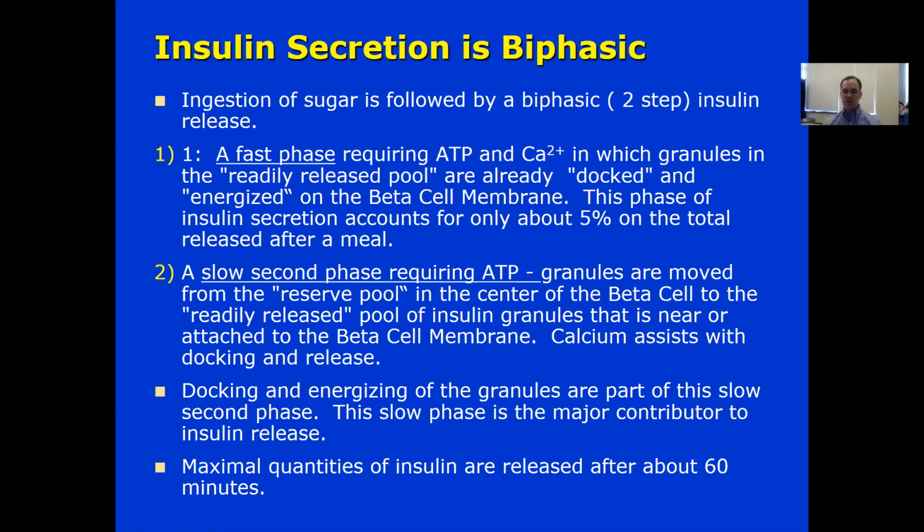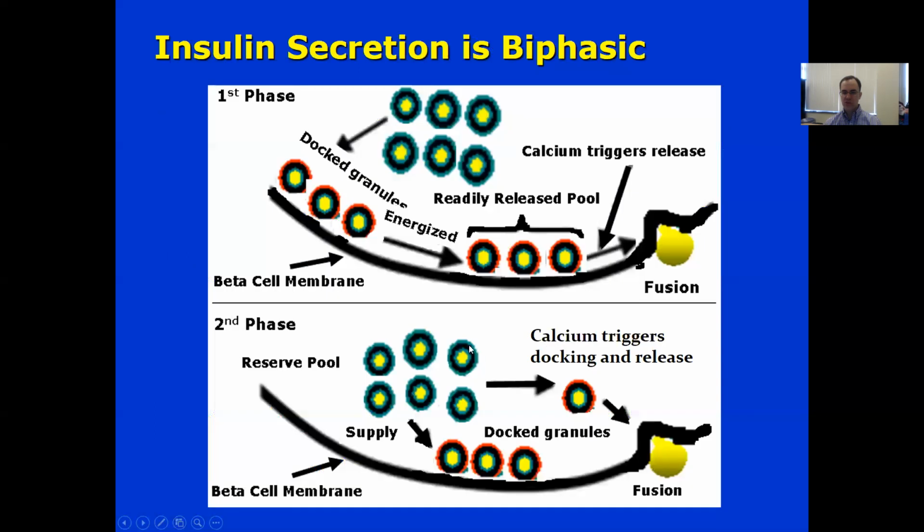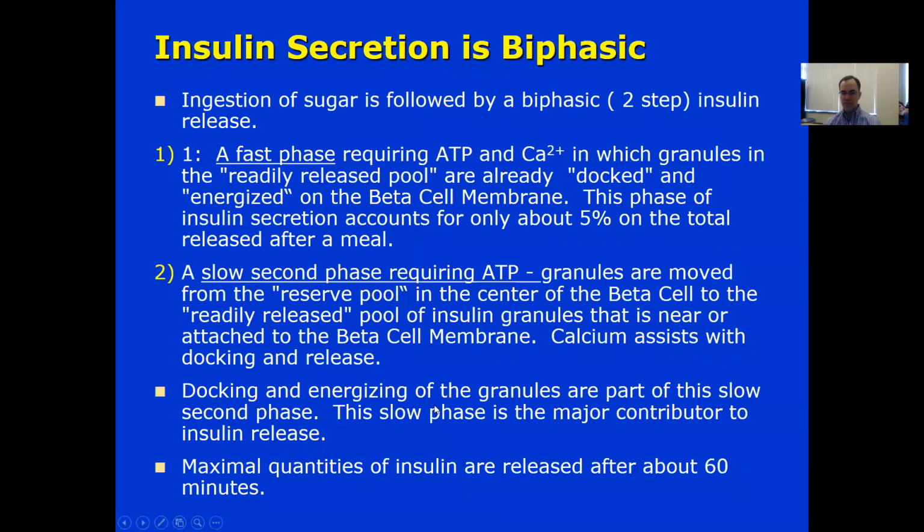Well, then you have a slow secondary phase that requires ATP, and these are going to move from the reserve pool. Here's the reserve pool of insulin in these storage vesicles that are away from the cell membrane, more in the middle of the beta cell. They're going to take a little bit longer to make their way to the cell membrane.